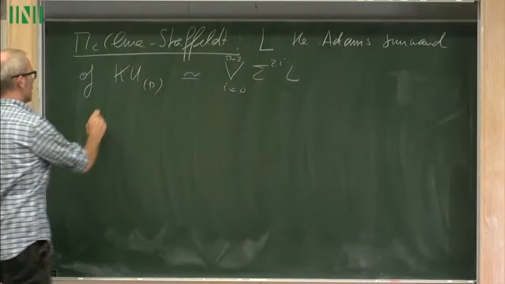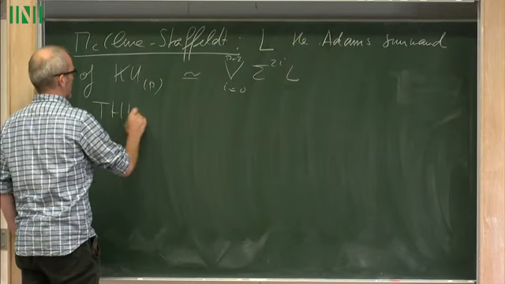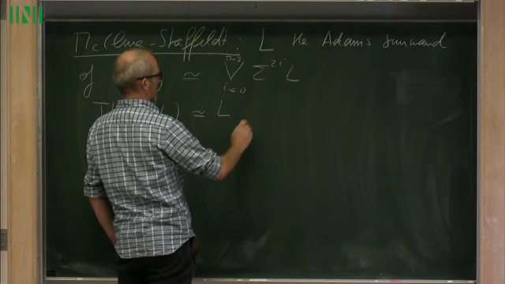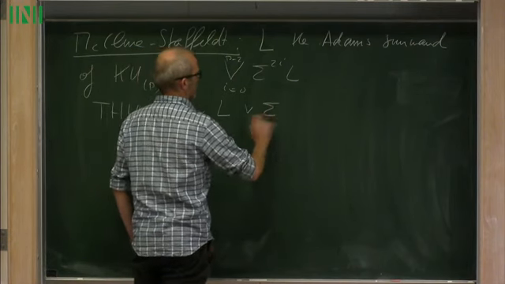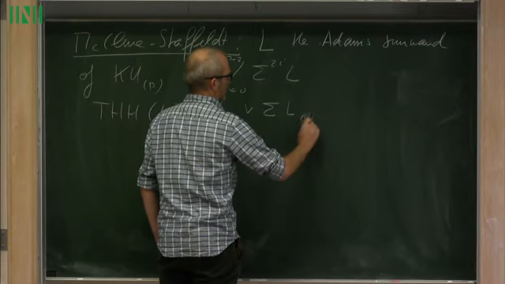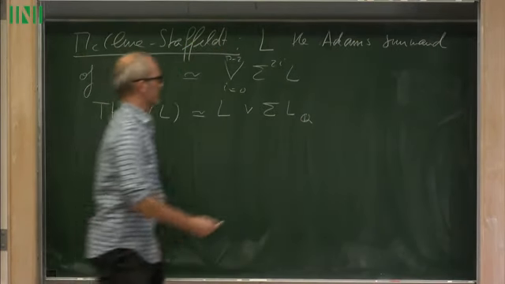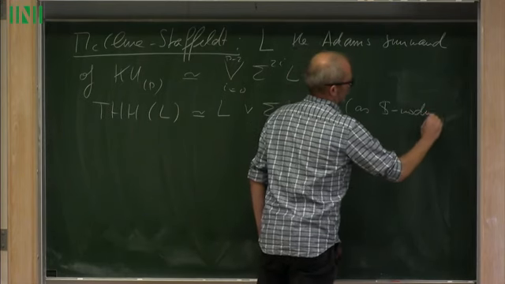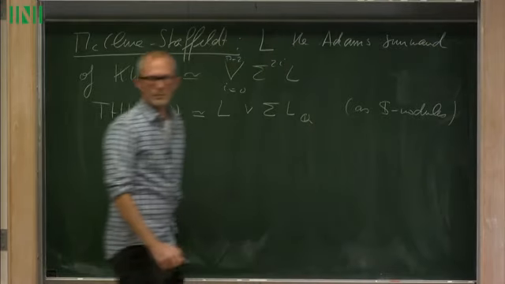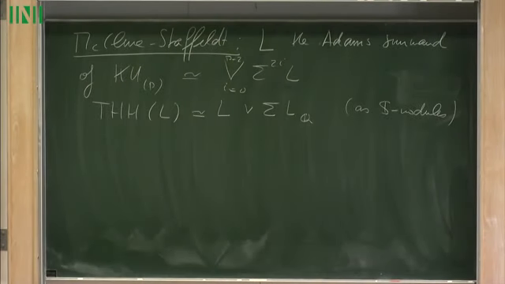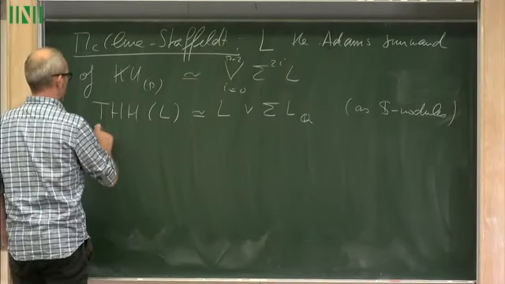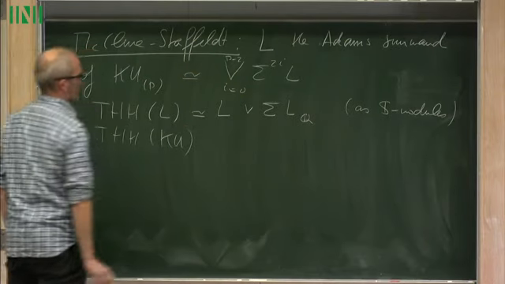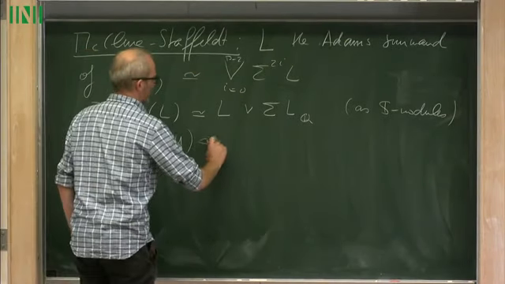And then they compute THH, and they show that as an S-module you have such a formula. Okay, and actually you can extend this to KU also. If you take topological K-theory, you have the same formula.